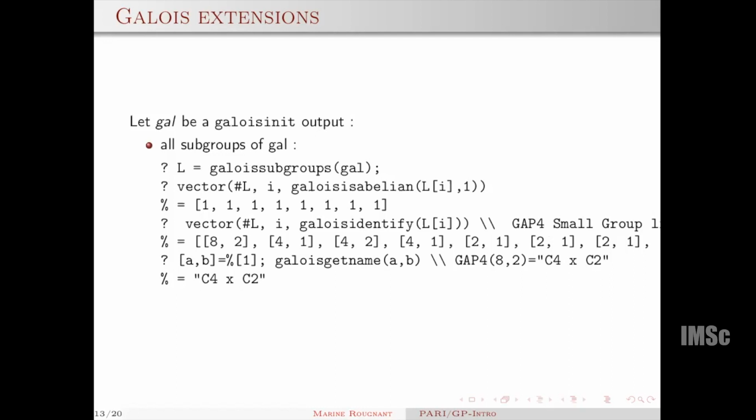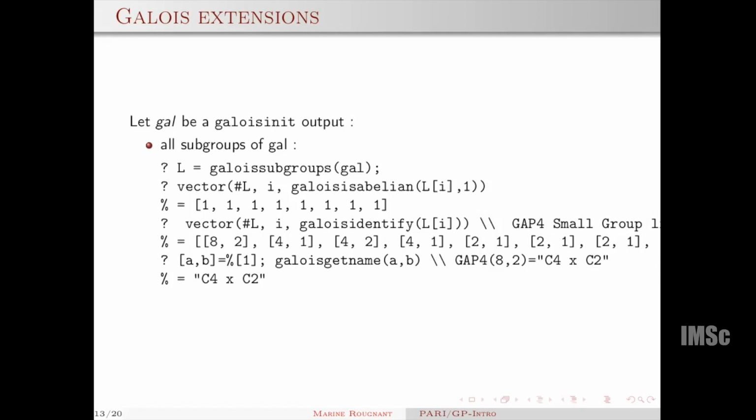So you can have the list of all your subgroups. Here the list is called L. Every subgroup has a group structure, so you can check whether it's abelian. For example, I see that all my subgroups are abelian. You can also have their name in the GAP4 small group database.